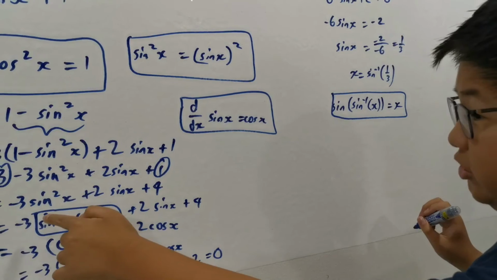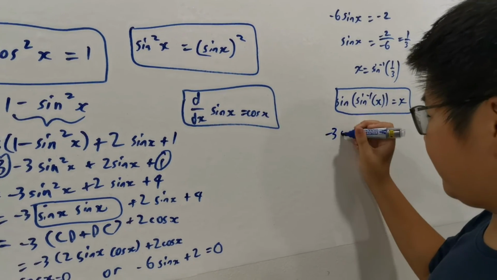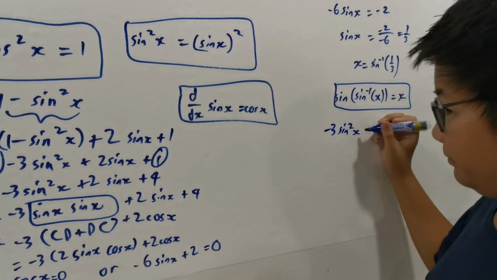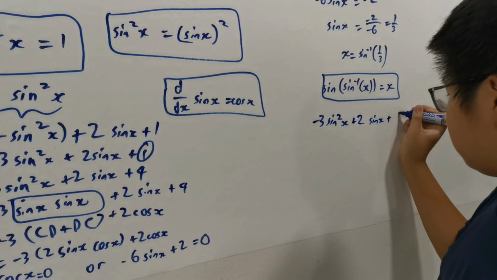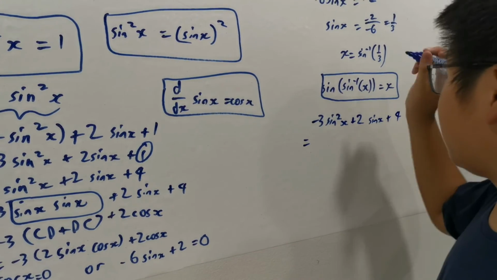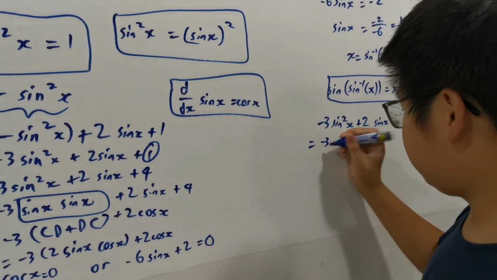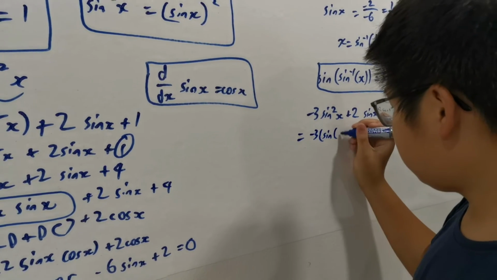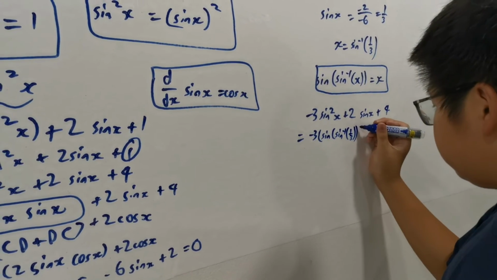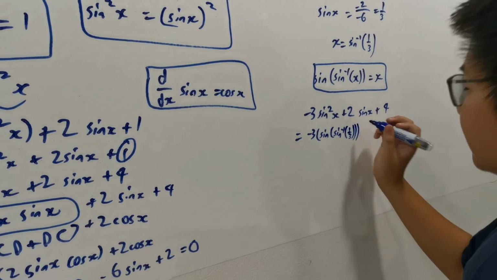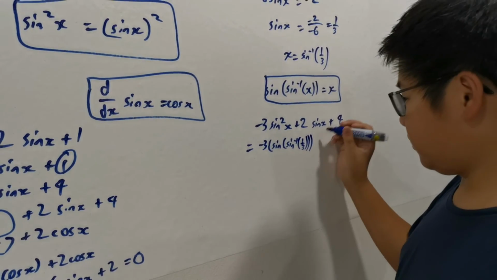Now let's go back to the original equation. We write it down here. Then we'll substitute sine inverse 1/3. That's quite a formidable equation.